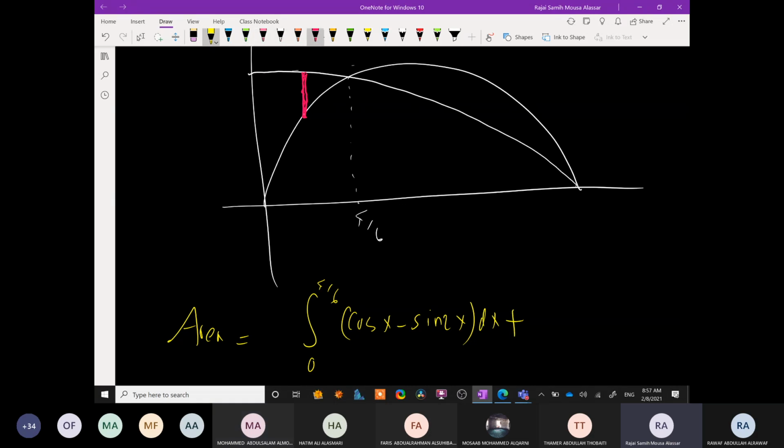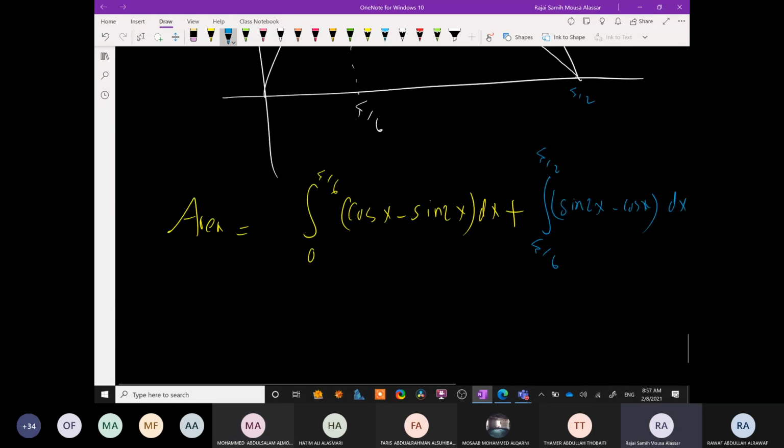Now plus, I have another rectangle, and let me just do a blue one here. This is the other rectangle here, and this second region is from pi over 6 to pi over 2, which is here. The top function now is what? Sine 2x. Minus cosine x dx. I will not do the calculations, Ashab.